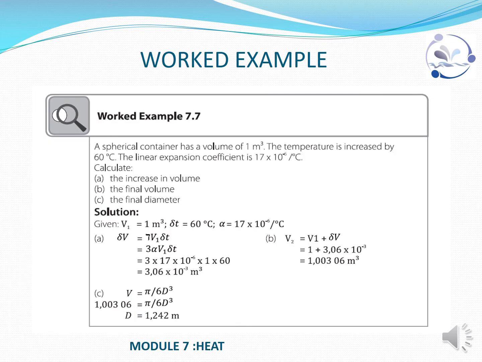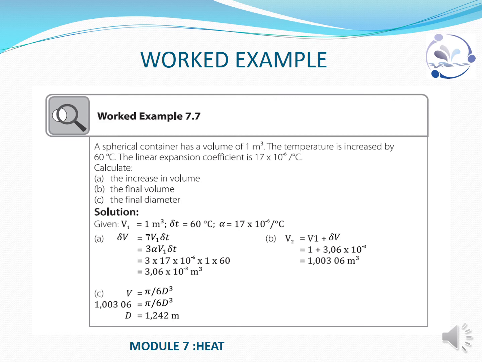In the next example, the question is still asking for the increase in volume. Increase in volume is the same as your change in volume, which is cubic expansion multiplied by initial volume multiplied by change in temperature.